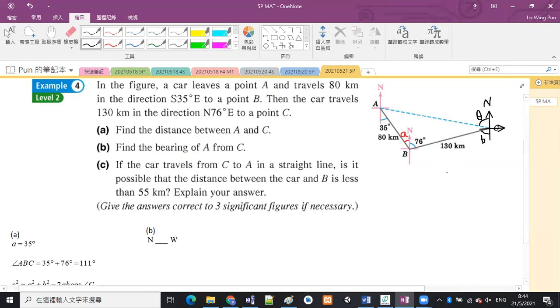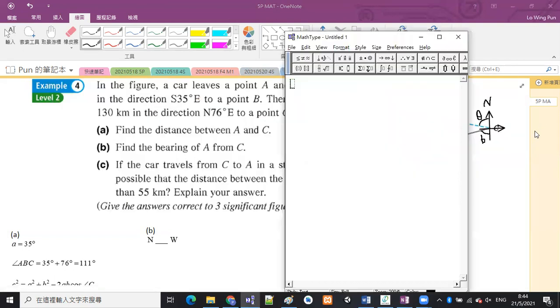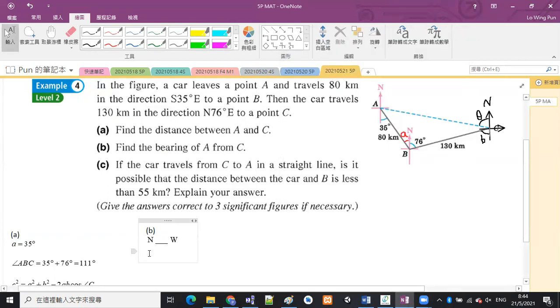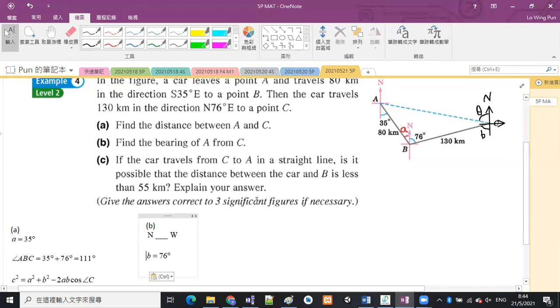So let us write the solution down. B is equal to 76 degrees. And this is again alternate angles. The next step will be finding angle ACB. And what do we have now?